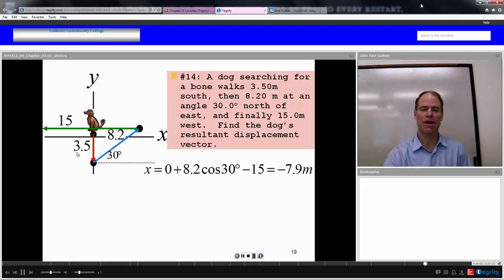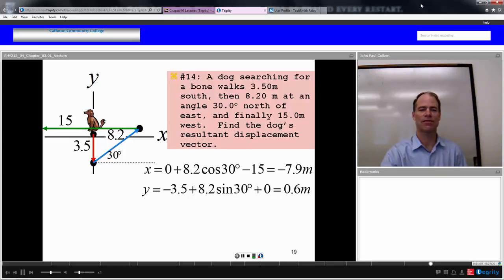I could find all my x components. For the first vector, it's 0, plus 8.2 times the cosine of 30 degrees, and then a minus 15 as I go totally in the negative x direction, giving me a total component in the x direction of negative 7.9 meters. Do the same thing for the y direction.